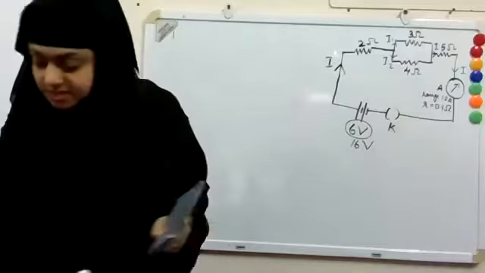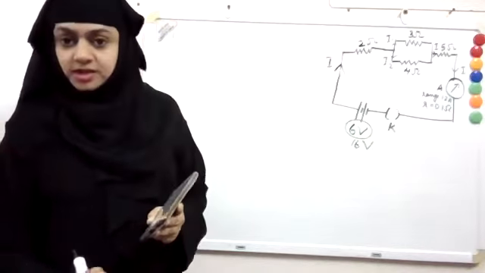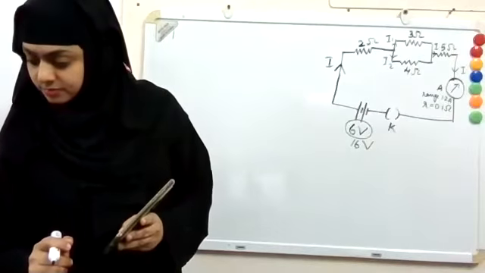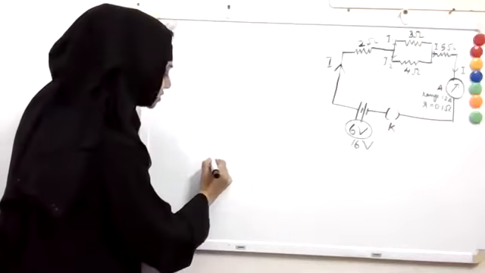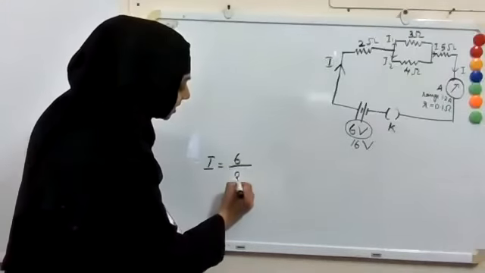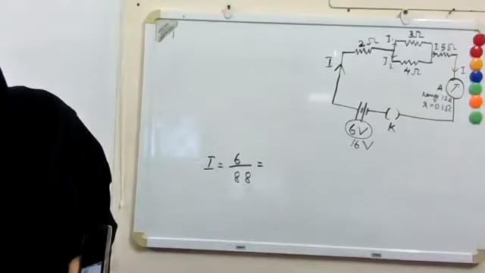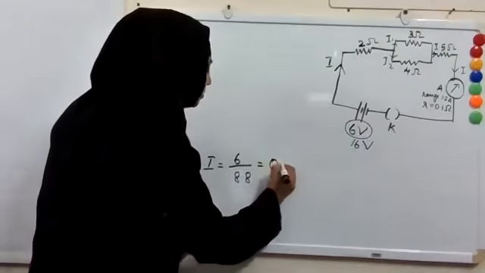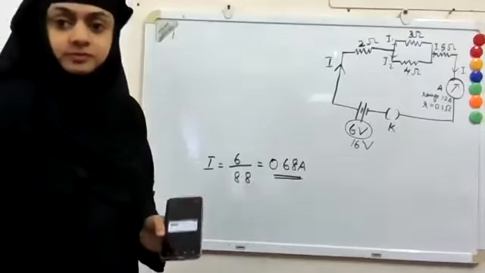Earlier, what did we get as the current? Current I was equal to 6 volt divided by 8.8, right? That is not equal to 1.8. 6 divided by 8.8 will be equal to 0.68 ampere. I'm sorry if I wrote 1.8.